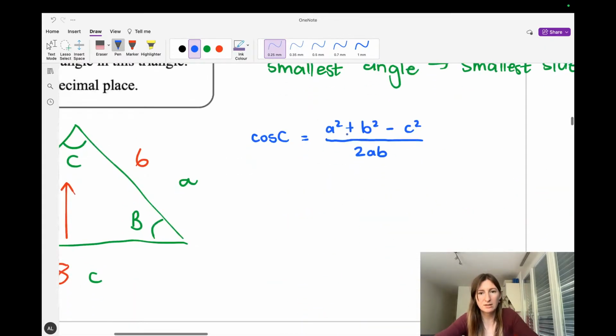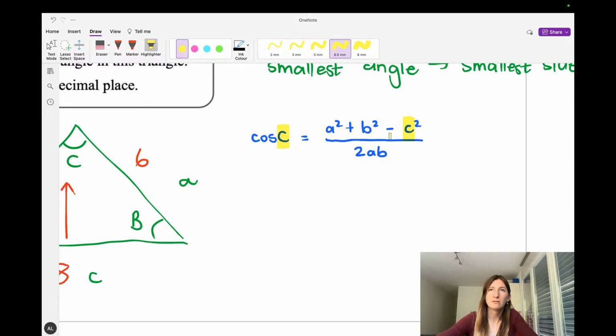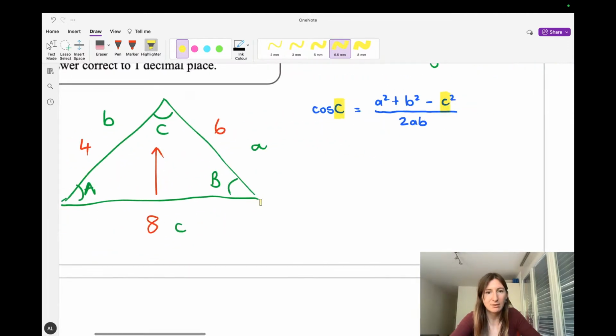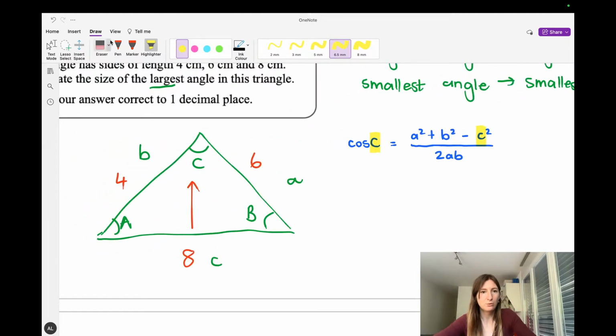It's very important here that this is positive and this is negative when this is the matching angle that we need to find. So if that is the one, then this needs to be the one being minus. This I often also see as a mistake, is people getting this order wrong. So very important that we're going with our correct formulas and labeling correctly. So what do we have?